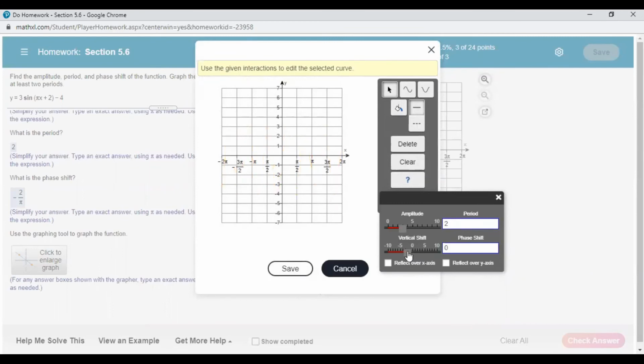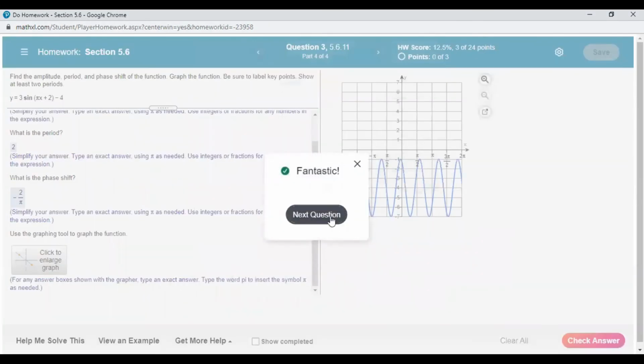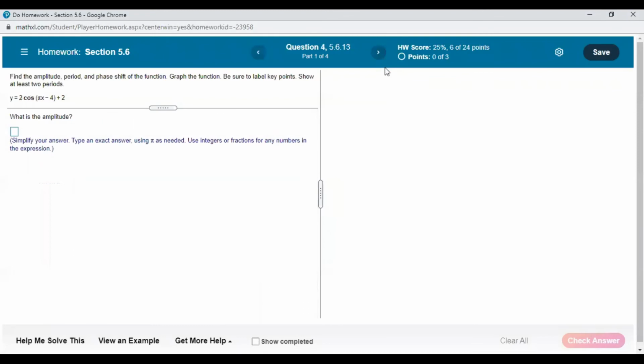Looks like we want -4. Phase shift. We want -2 over pi. So there's our graph, and I will check. All right, so that's how those go.